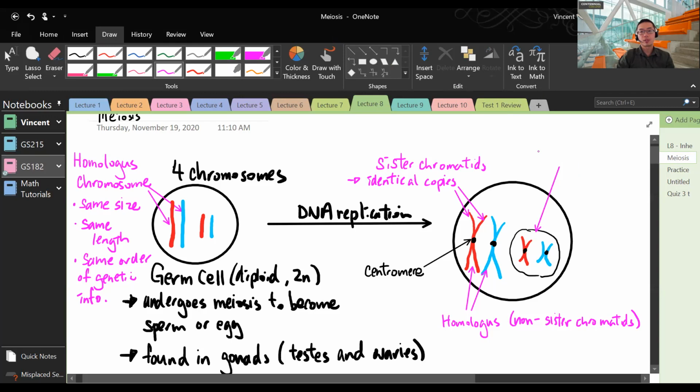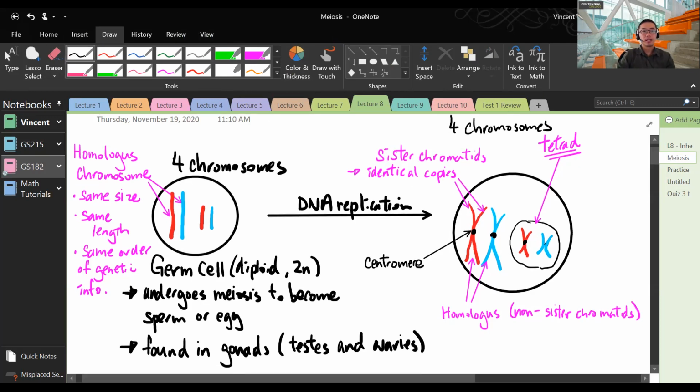Yes, a tetrad. That is absolutely correct. So how many chromosomes do we have here? Well, we started with 4. After you duplicate, it's actually still 4, because of the way we count it. As long as they're stuck together, we call it 1. So 1, 2, 3, and 4.